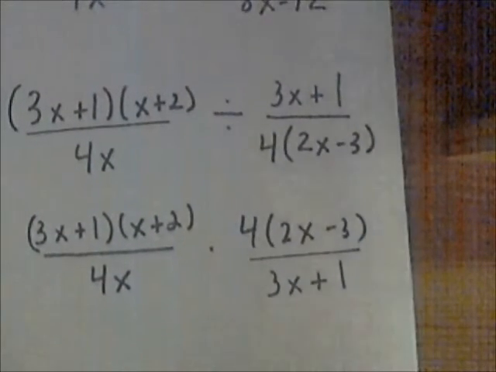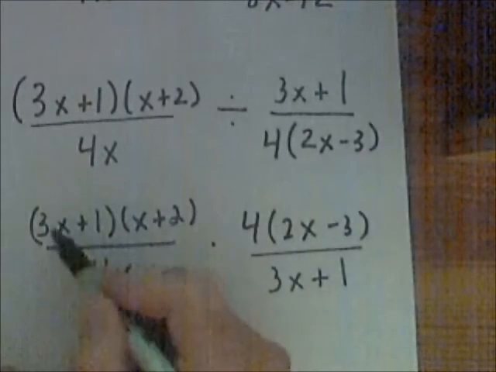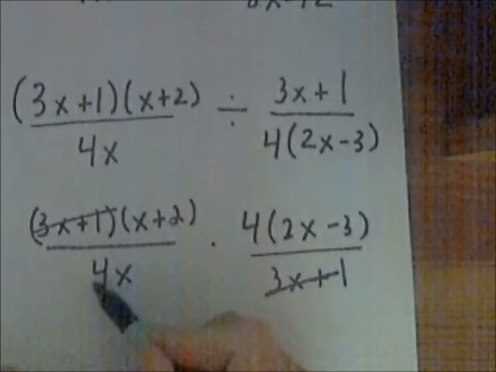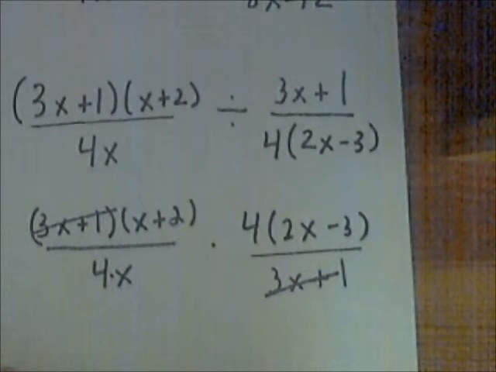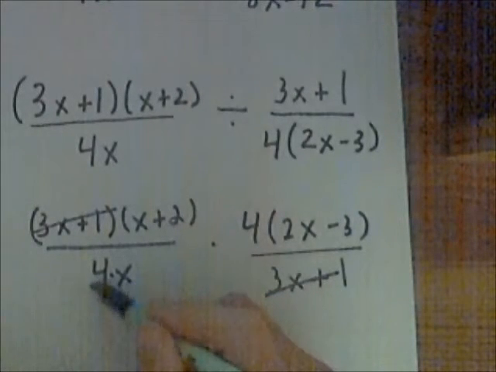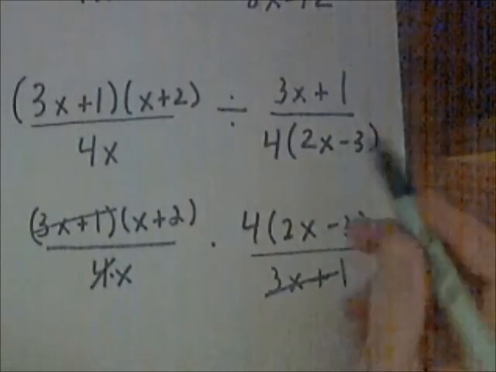Okay, so what's going to cancel? The 3x plus 1s are going to cancel. And these 4s also cancel here. Remember, this 4 and this x do stand alone as separate factors. There's no plus or minus which binds them together, so to speak. They stand alone. So it is okay to cancel this 4 out and leave the x because they don't have the plus or minus between them.